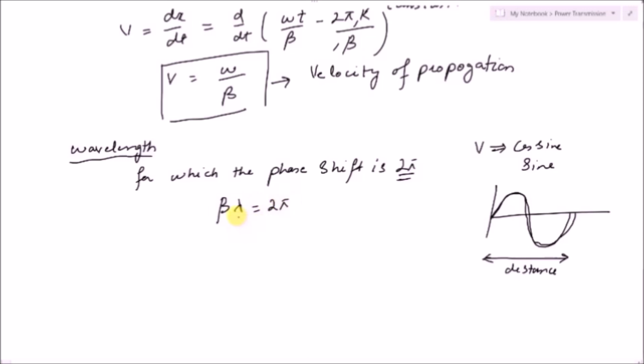Now what we want is the wavelength, right? The wavelength unit is meter, and for the phase shift the unit is radian. So if I have to make wavelength equal to 2π, we have to multiply it with some value that will make this whole term equal to radian. So this β is the phase constant, and from the last lecture we know that the unit of the phase constant is radian per unit length, right?